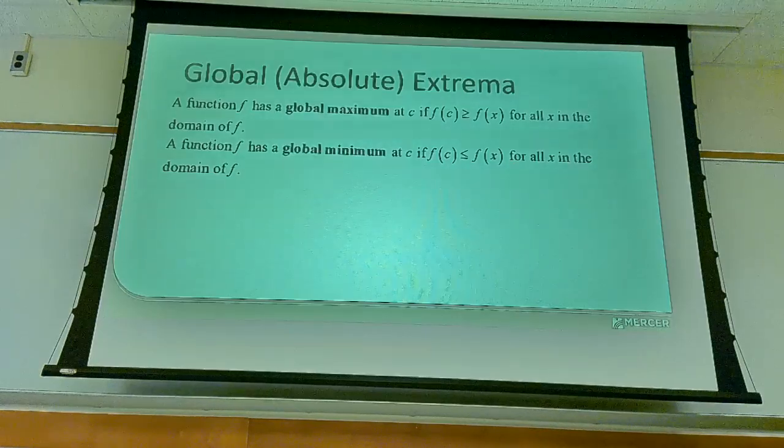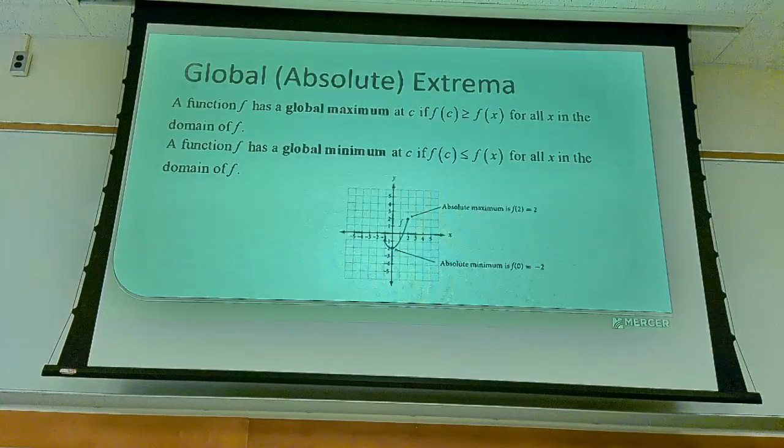So if it's an absolute maximum, can you find an open interval containing that point where it's the largest value? Yeah, you can. Which means it's a local max. And same thing with absolute min. If it's an absolute minimum, then it's also a minimum in some open interval around it, which is the definition of local.